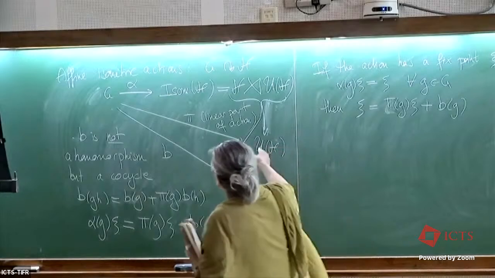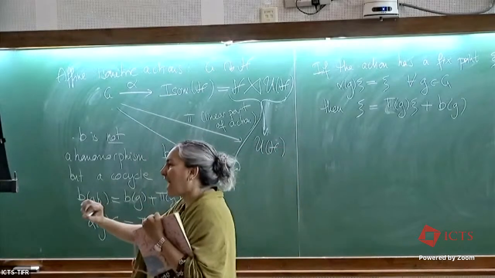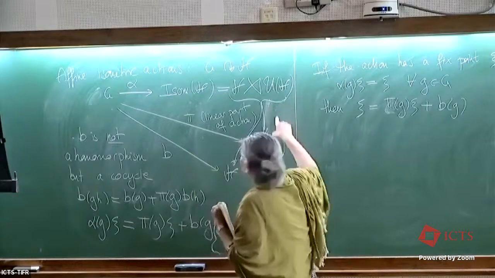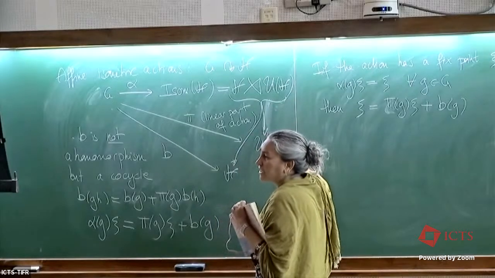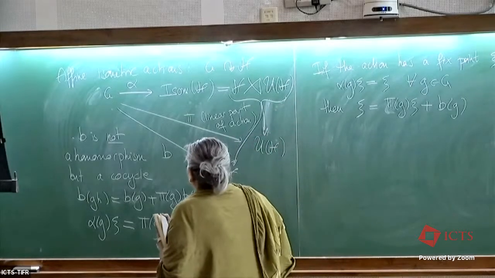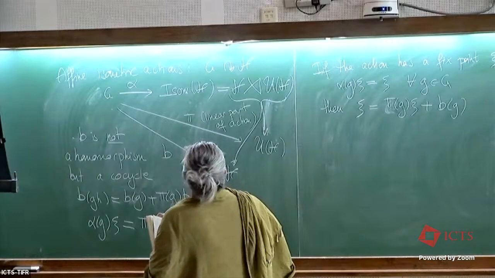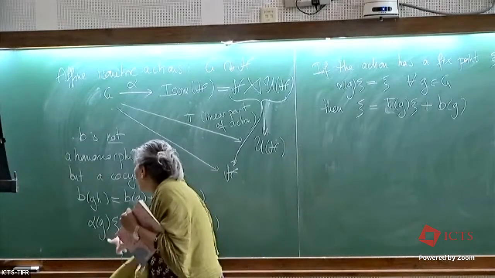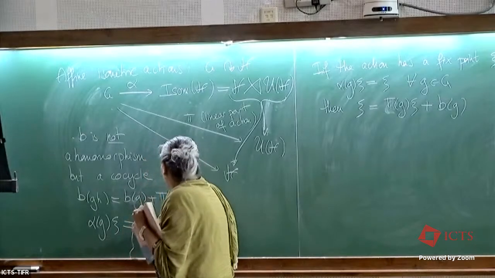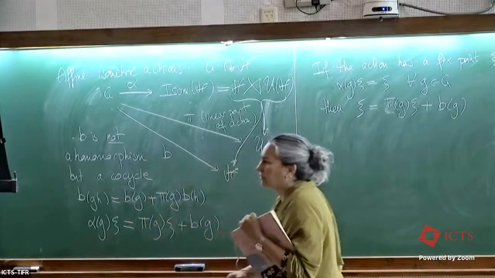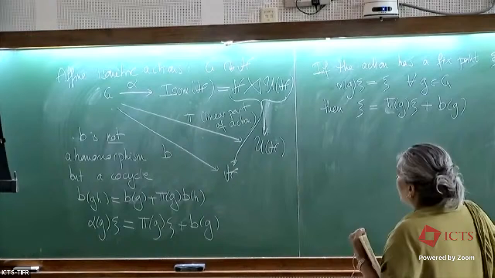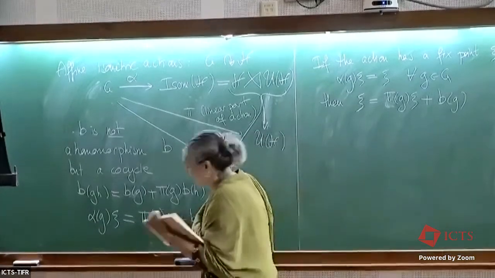You get your unitary representation out of taking your action and composing with the projection on the unitary part of the action. And that will decompose your action as alpha of g applied to c equals pi of g applied to c plus B of g, which is your cocycle.